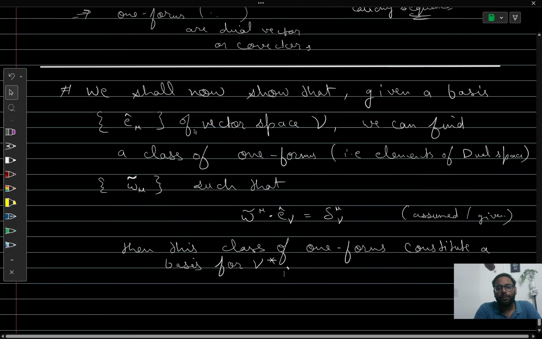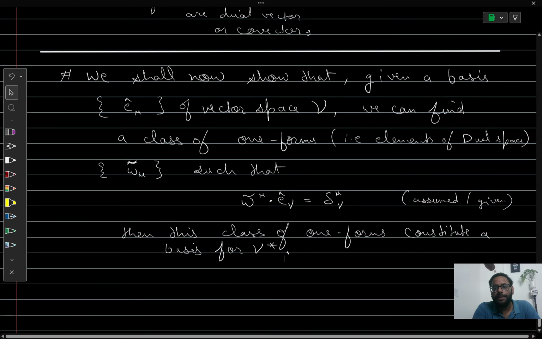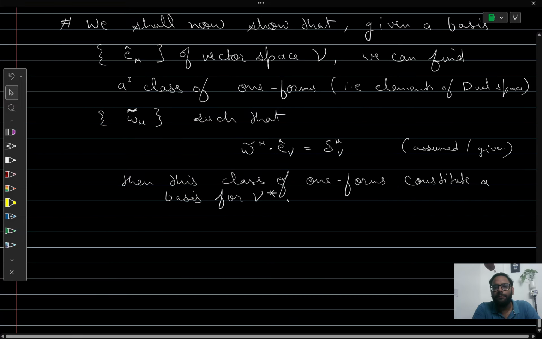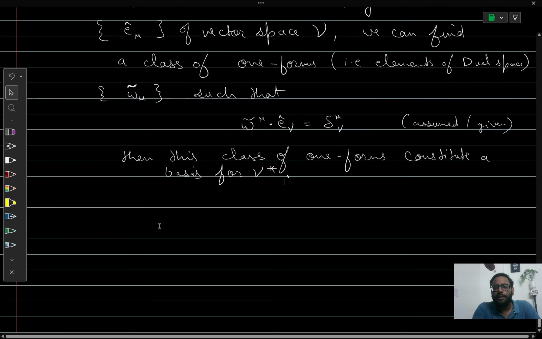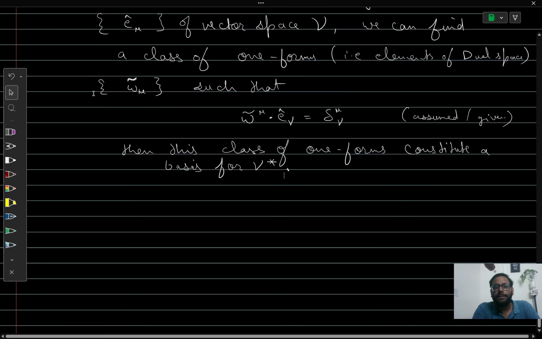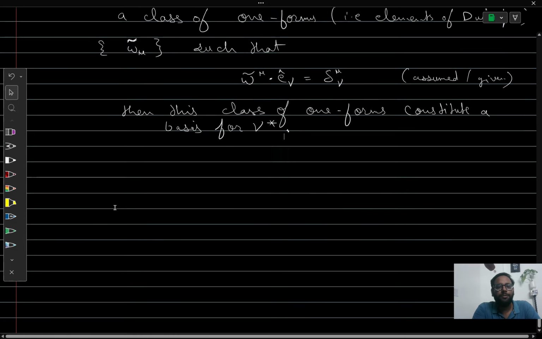We just have to show that if we have given this basis in the vector space, we can find a class of these one forms, or say covectors, that are elements of this dual space, such that this condition is given to us. Then we will show that this class of one forms will constitute a basis for this dual space.